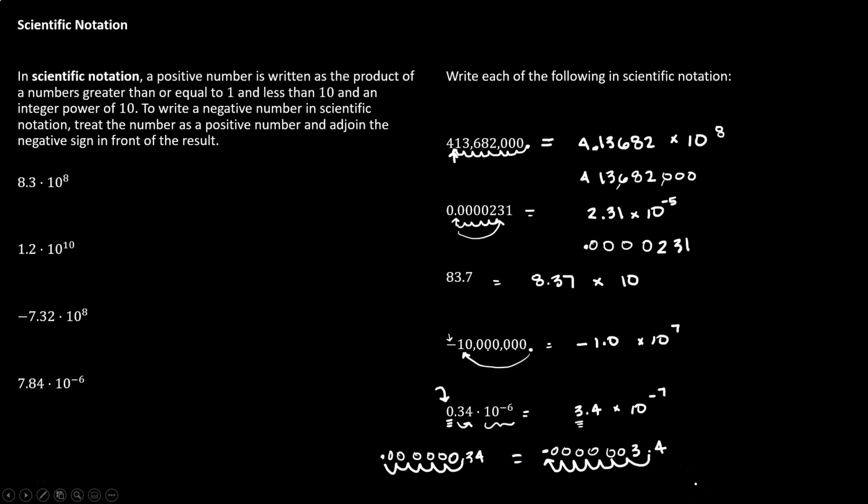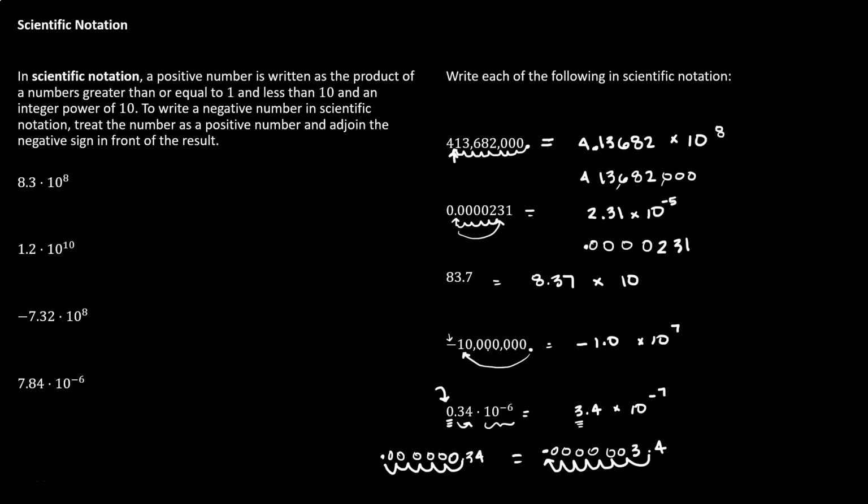Scientific notation can be tricky if you first use it, so if you haven't used it before, take your time with these, practice them, double check your work, make sure that the values are the same. You can change the mode on your calculator to show your answers in scientific notation, so you can always type the number into your calculator and double check that it shows up the way that you think it should based on the process that we're using here to write scientific notation.